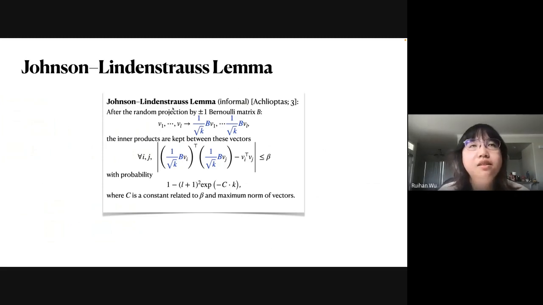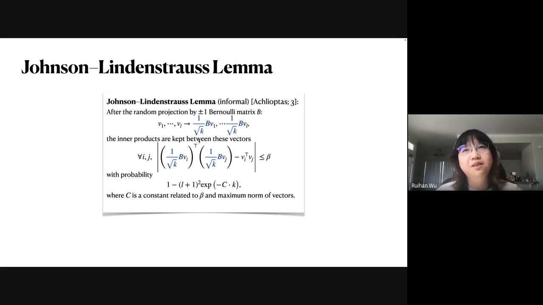Okay, so this is the informal definition for the Johnson and Lindenstrauss lemma. After the random projection by a 1, -1 Bernoulli matrix B, we map a set of vectors from V1 to 1 over square root K B times V1, and same for the remaining vectors. The inner products are kept between these vectors.